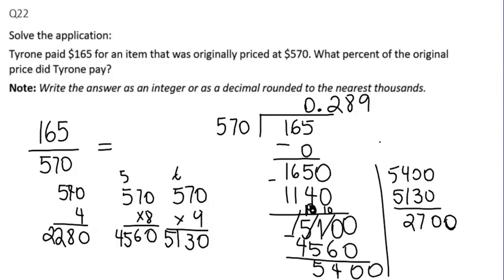Now 5 will pass, right? So it will be a 4 here. Then I go to 280 here. Borrow. Here becomes a 6, here becomes a 4. 420. Let's do one more.